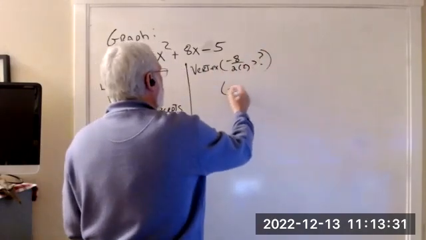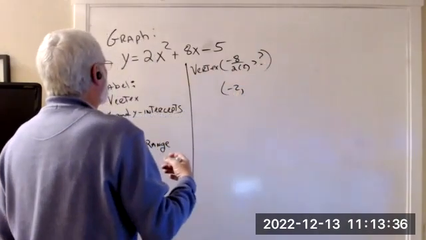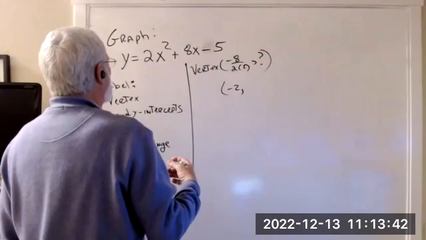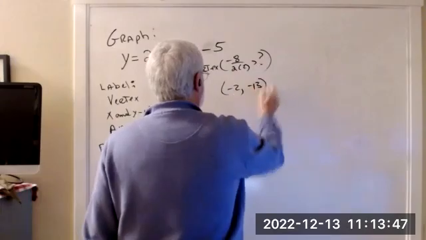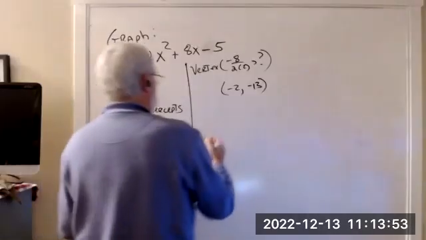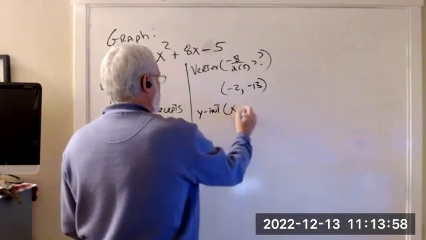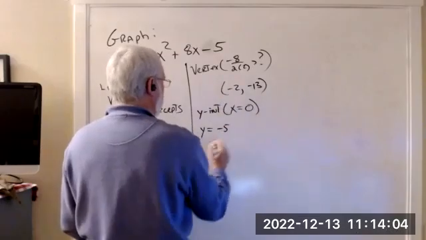That's negative 8 over 4, which is negative 2, comma, negative 13? Did I do that one right? Yeah, that's what I got. The y-intercept is the easy one on this problem, which means x is 0. So y is negative 5. Is that okay? Yeah.